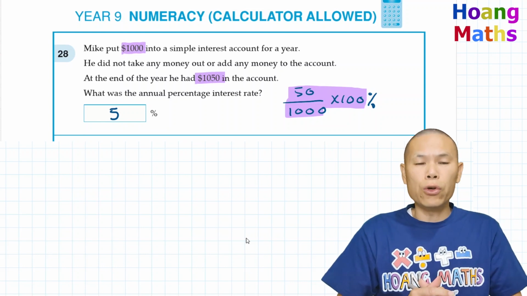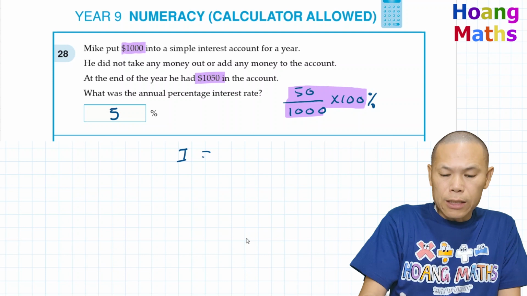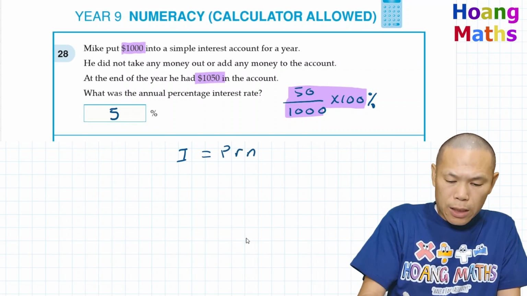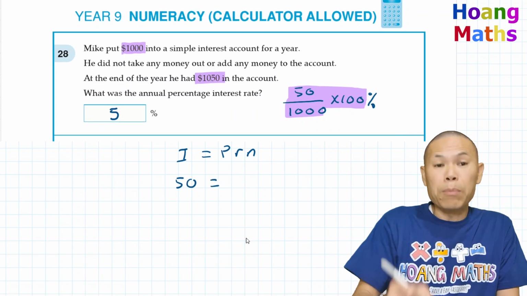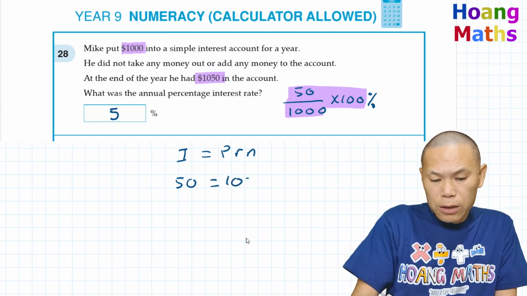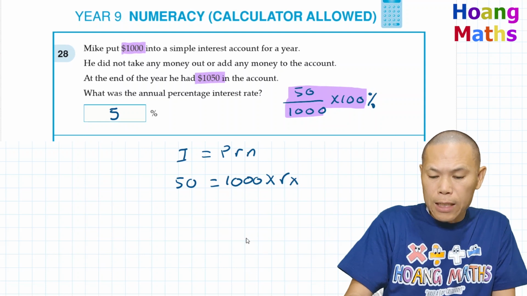Otherwise, you can also use the simple interest formula. So you can use I equals PRN. I is the interest, that is $50. And P is the amount of money that he put in the account, so 1,000. And then we times by R, that is the interest rate, which we're not sure of. And we times by N, which is 1.